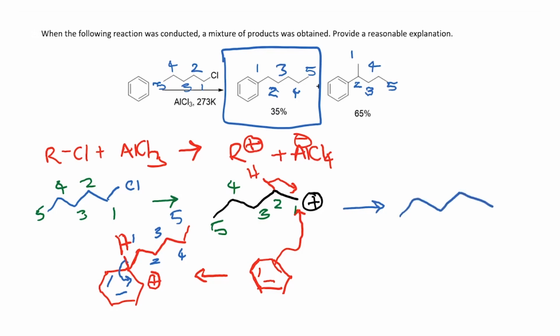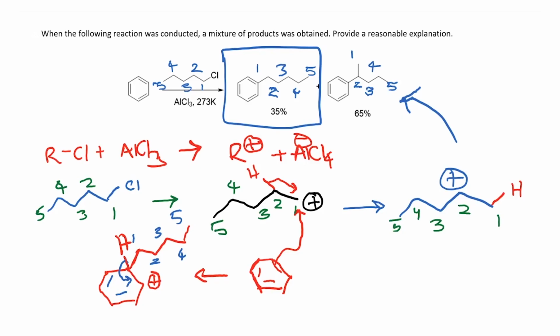So if I just keep the same numbering, 5, 4, 3, 2, 1. So the hydride has moved from carbon 2 to carbon 1. So that hydride I'm going to draw with the same color, which is here. And there's going to be a positive charge over here. Okay. And now, if this carbocation reacts, then you're going to end up with this product as shown here. Okay. Now, this gives us the framework for explaining the formation of the two products.